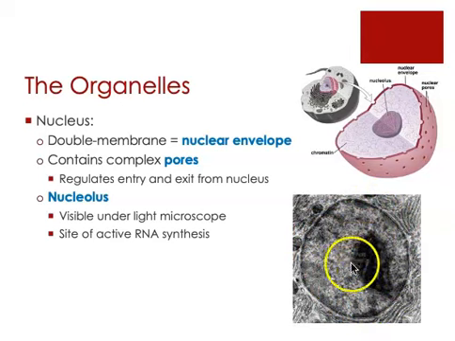This region right here that stains so darkly is called a nucleolus. What a nucleolus is, is not so much a physical structure as a functional structure. This is an area inside the nucleus where RNA is being actively synthesized.